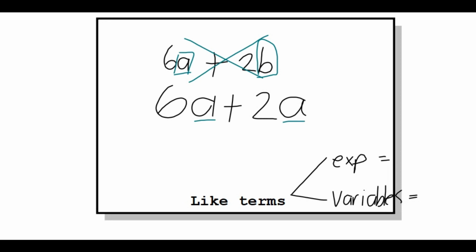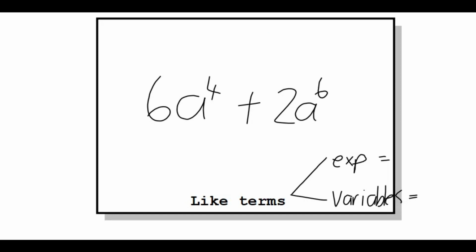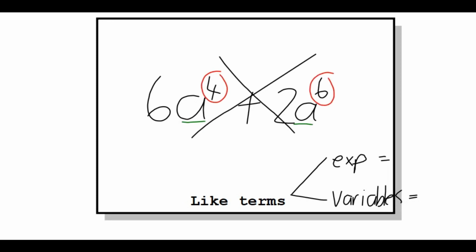Let's make it even more complicated. Let's say I have 6a to the power 4 plus 2a to the power 6. Once again, the variables are the same, but the exponents are different, and because of that I cannot add them.